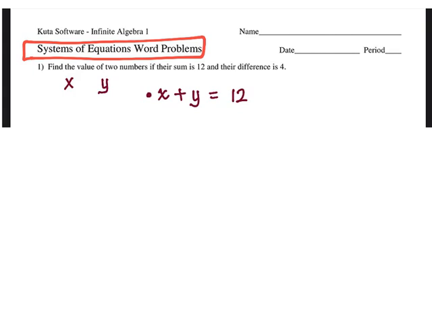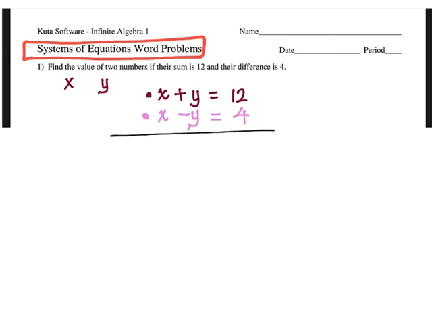Now the next one is that their difference is 4, so it is x minus y is 4.